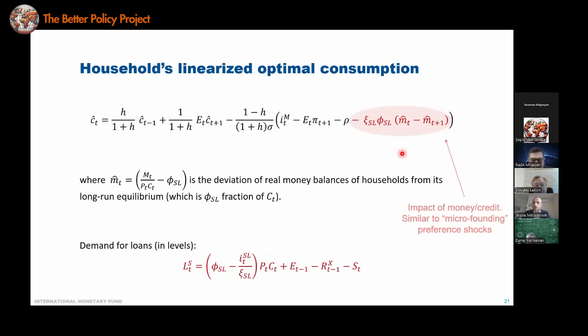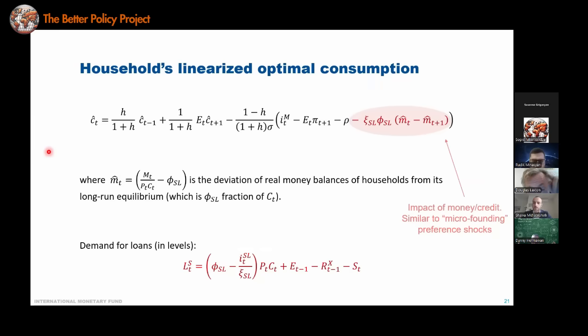Instead of it being a shock, it's actually money creation, which can be affected by banks themselves. If banks decide to charge different levels of risk premia because of mispricing of risk or being more concerned about risk, being more conservative, they can affect money creation, and therefore they can affect real money balances, and that can affect consumption just the way preference shocks do. So that's only to create resemblance with the standard equation.